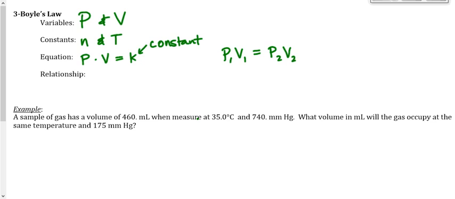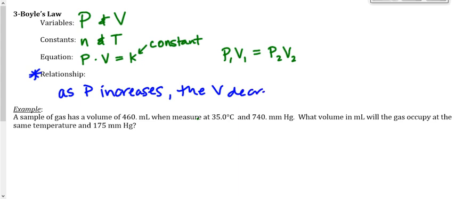So what's important for us in this video is the relationship between pressure and volume. As the pressure increases, that means the volume decreases. And vice versa. So if the volume increases, the pressure decreases.